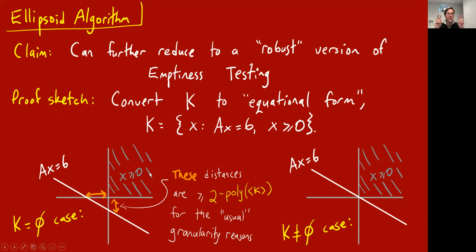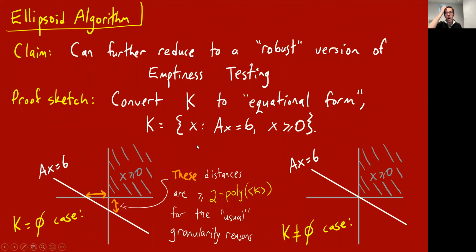It can only be exponentially small, whereby exponentially I mean in the number of bits needed to write down Ax equals b. So if the input is Ax equals b in your polytope K, these distances, if they're positive, have to be at least some exponentially small amount. Okay, so this is why it's a sketch. I'm just saying take my word for that.